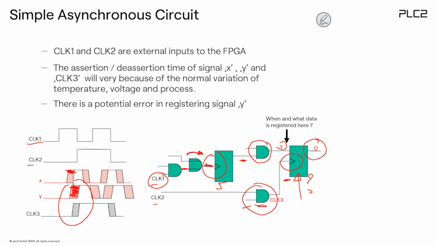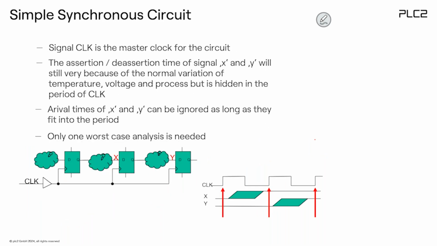It's not impossible, but it's very difficult. If you use this circuit, it will fail. It will definitely fail, not during simulation, but in the real world. That's a big problem.